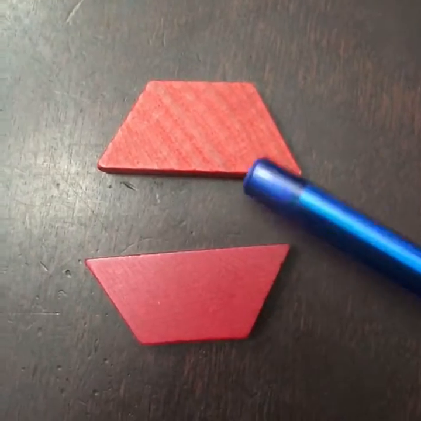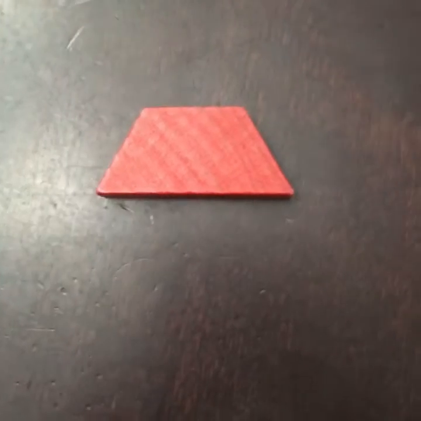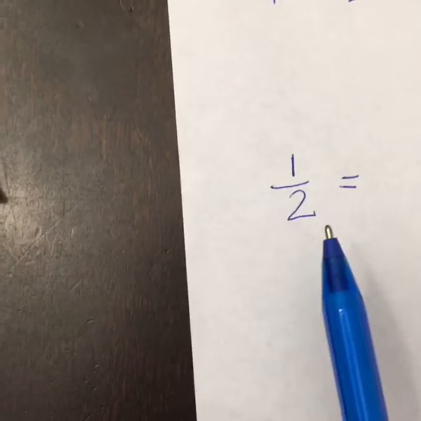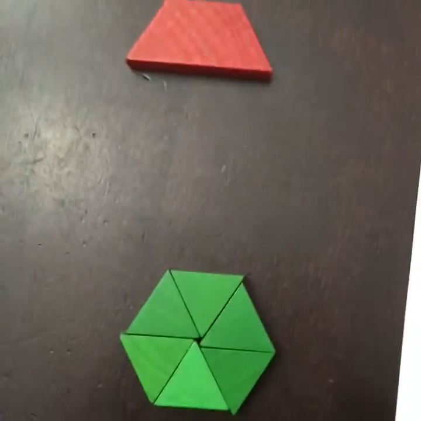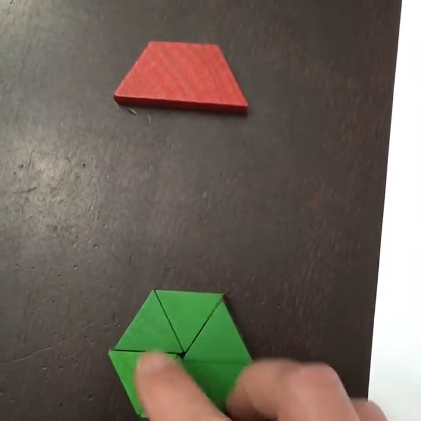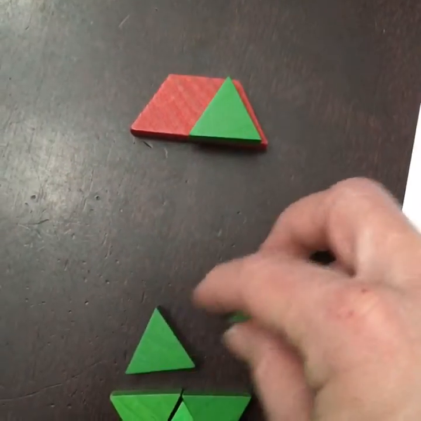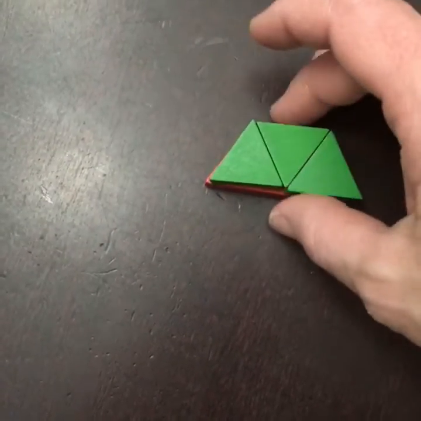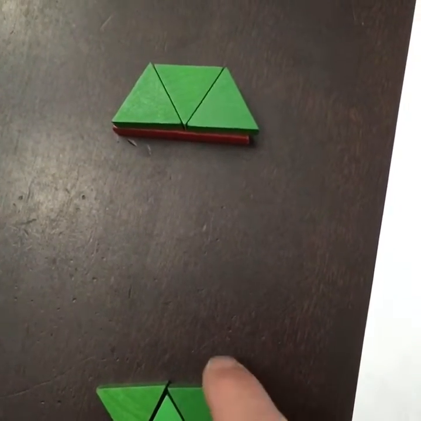So looking more closely at my hexagon when I cut it in half, say I want 1/2 of my hexagon, and I want to find out what could be equivalent to 1/2. Well, looking down at our triangles, I want what is the same as half that hexagon. Well, 1/2 is going to be the same as 1, 2, 3 triangles. Now remember, a triangle is 1/6 of the hexagon.